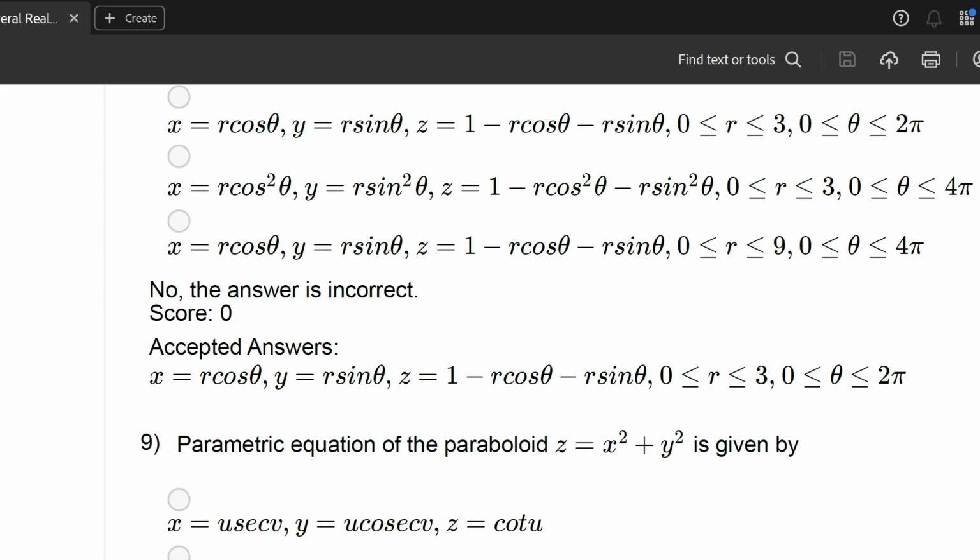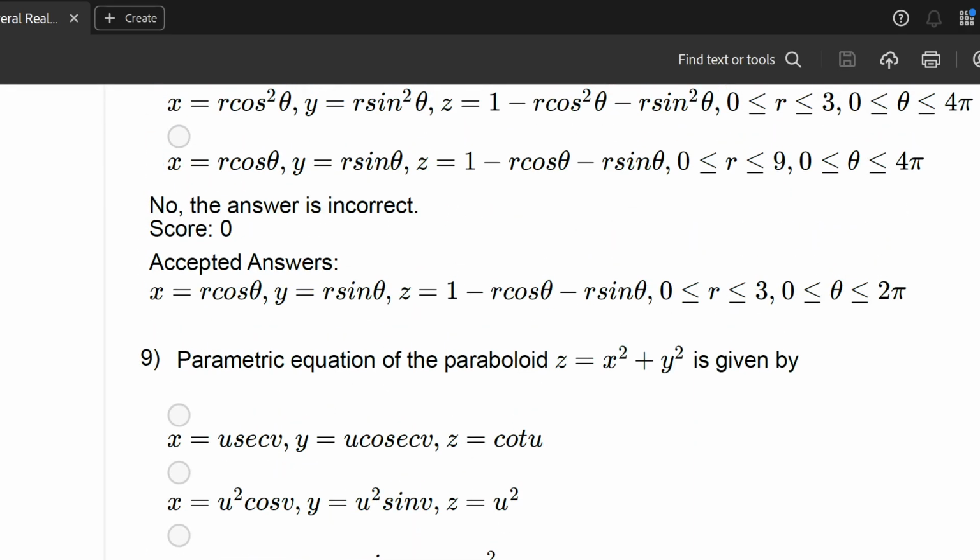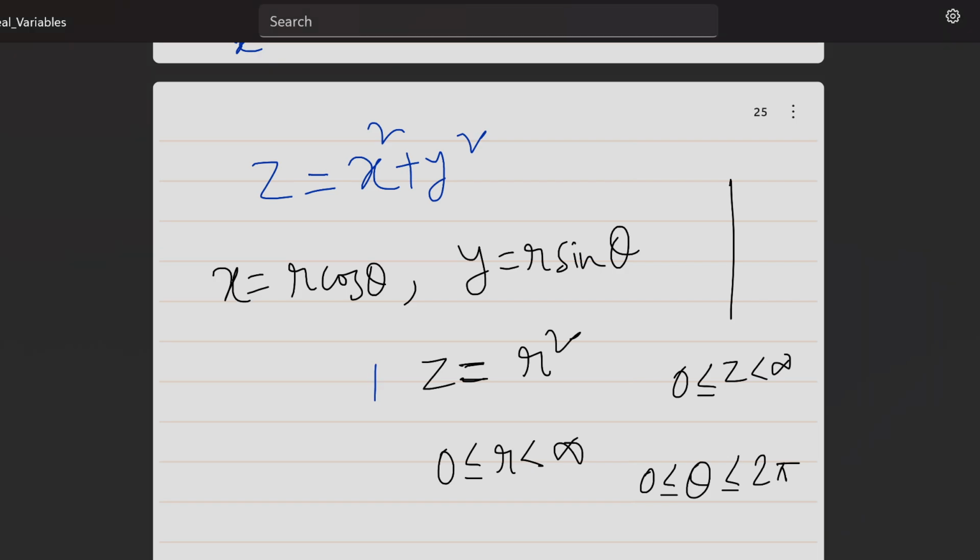The limit is not given, but I already told you that. So the answer is option C. Just write in terms of u and v: x equal to u cos v, y equal to u sin v, and z equal to u square. That is the answer. The answer is option number C.